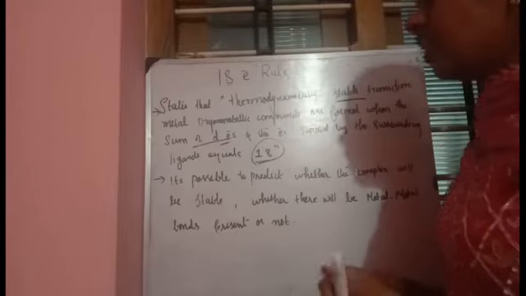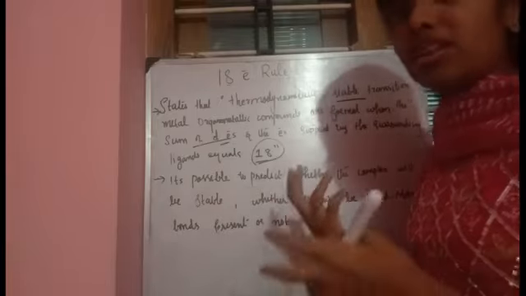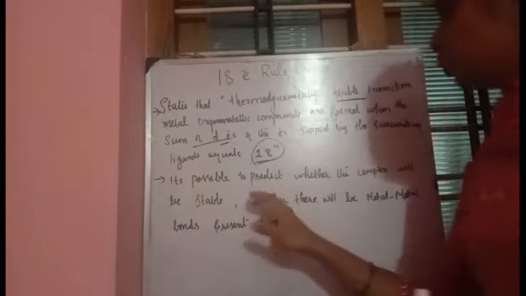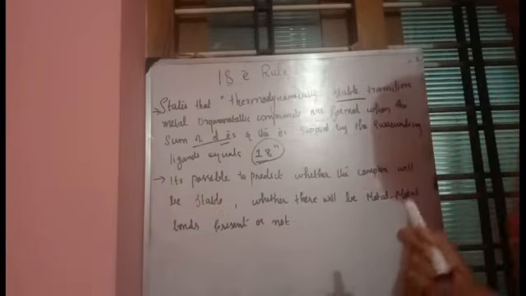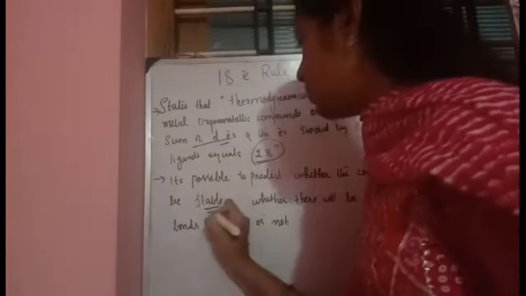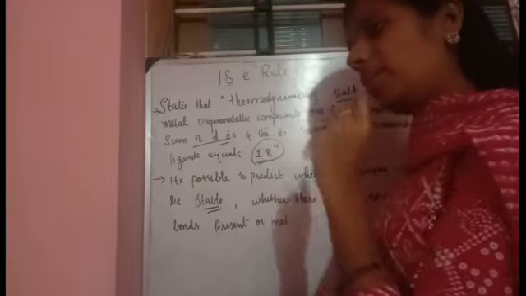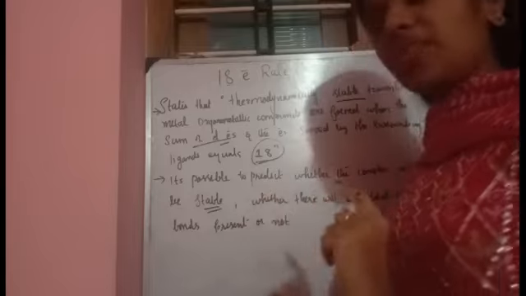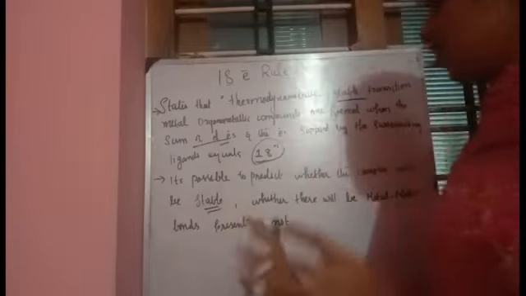So why are we calculating this? We are looking at whether a complex obeys the 18 electron rule in order to predict whether the complex will be stable. If it obeys the 18 electron rule, it has a stable configuration, so it is stable.